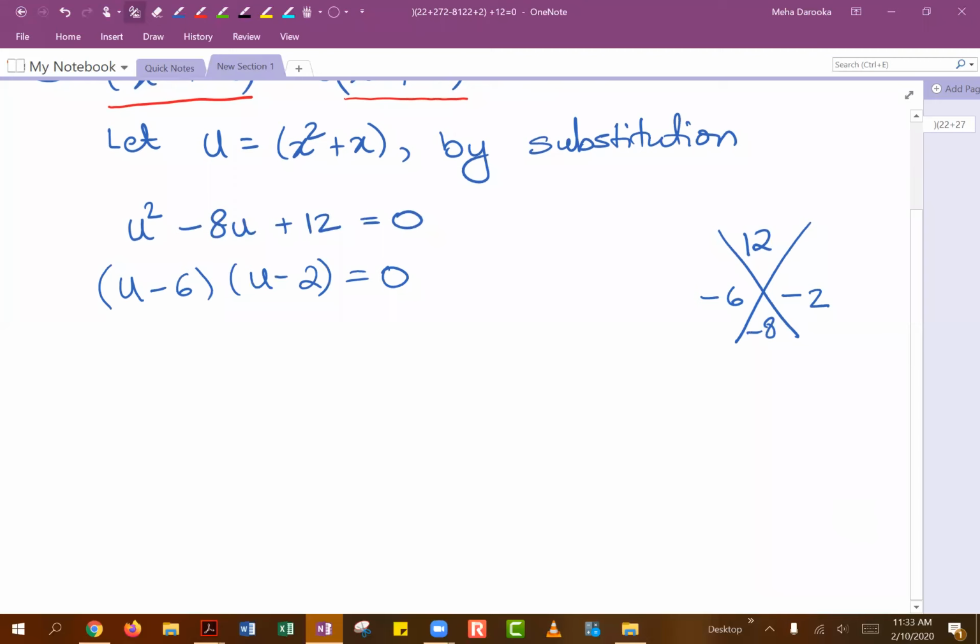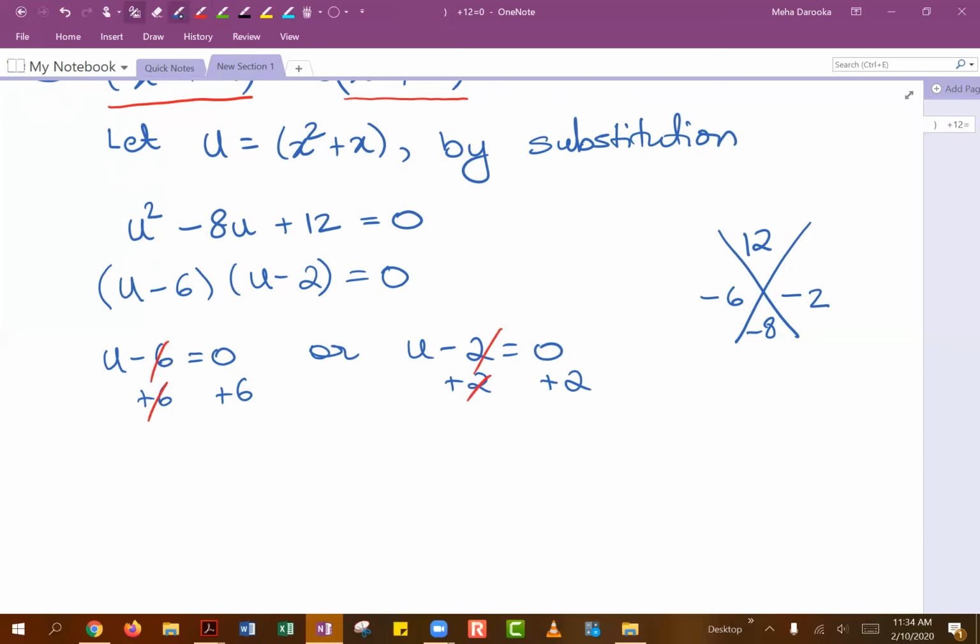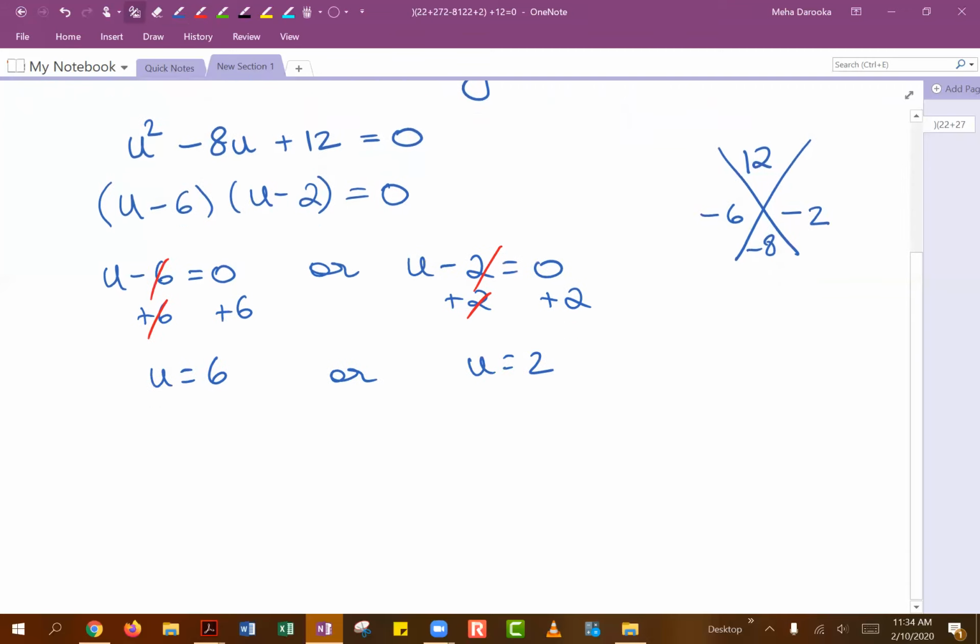And then take each factor, because now we're using the zero factor property. So you're doing u minus 6 equal to 0, or u minus 2 equal to 0. Get the u by itself: add that 6 to both sides, and on the other side, add that 2 to both sides. So you get u equals 6 or u equals 2.